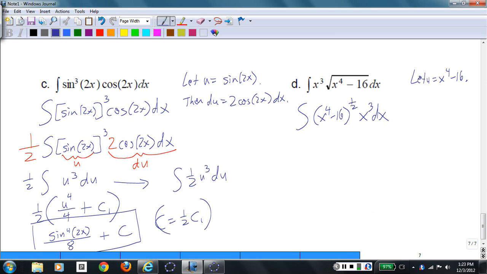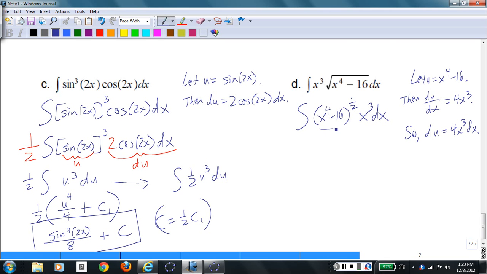Although I skipped the step right there, we are taking the derivative: du dx equals 4x cubed. And then writing in differential notation, du equals 4x cubed dx.